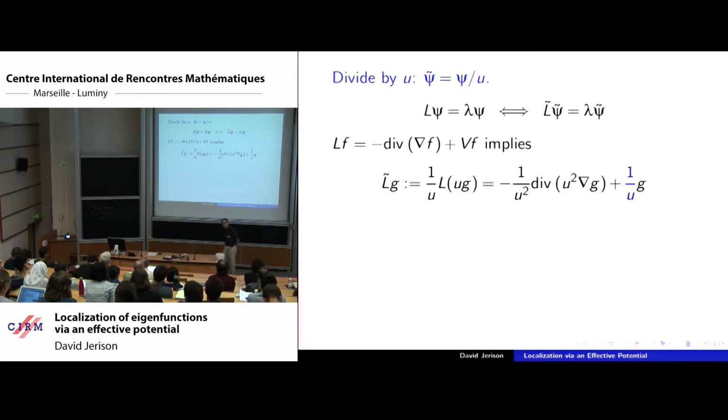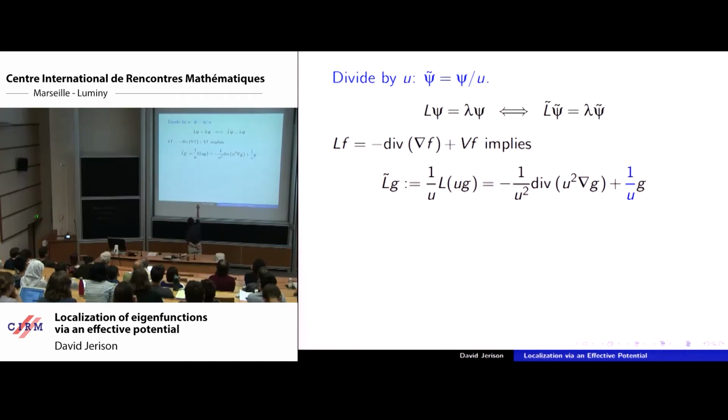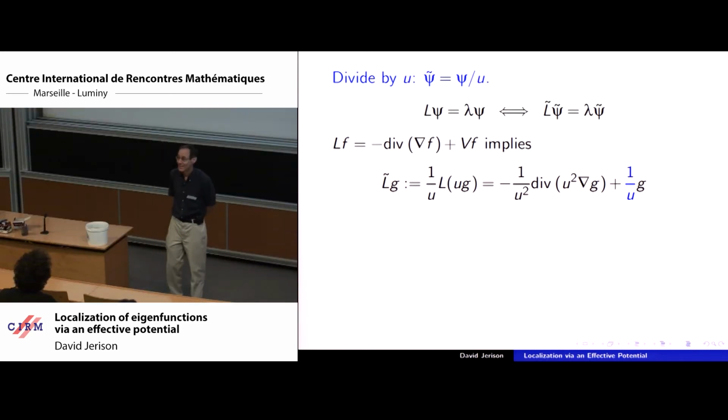So there's no reason why you should just use linear ideas. This is the simplest possible nonlinear idea. We're going to study, instead of the eigenfunction, the ratio of the eigenfunction to this function u, which Filoche and Mayboroda called the landscape function.